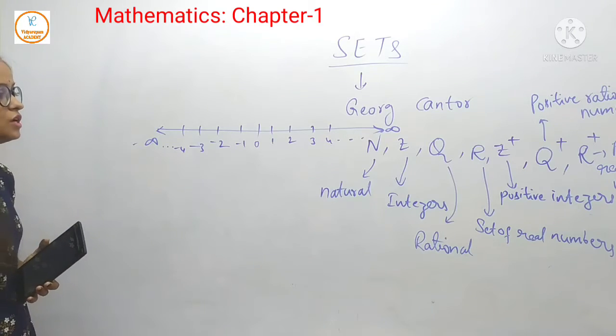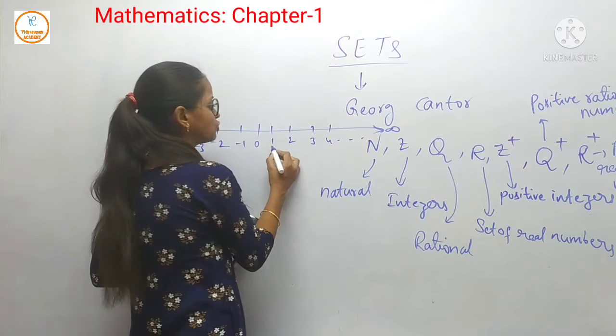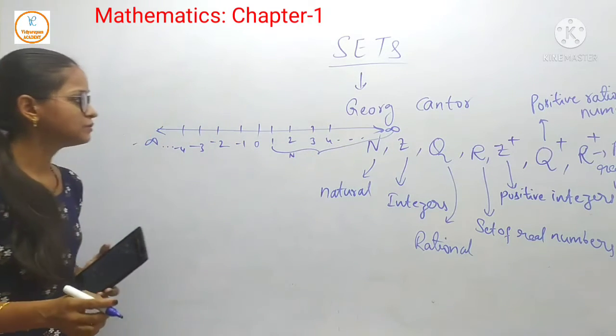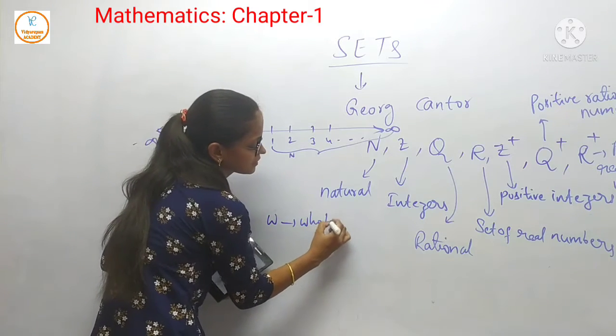First, what are natural numbers? Natural numbers start from 1 to infinity. Another thing we have is W, the whole numbers.